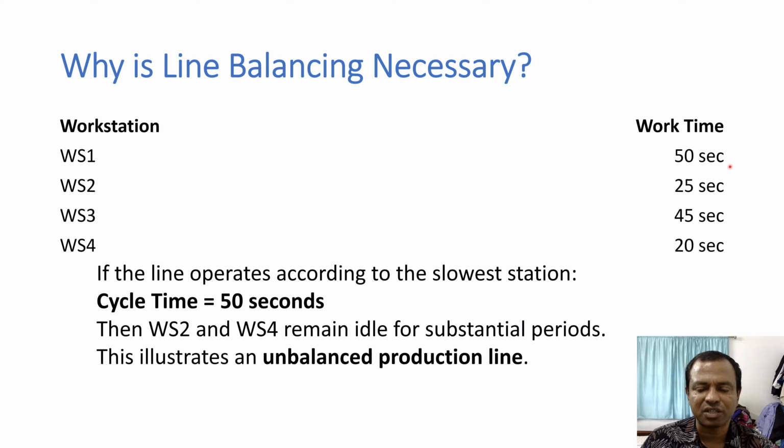But since workstation 1 requires 50 seconds, WS2 and WS4 will remain idle for substantial periods. So that will give an unbalanced production line. Unbalanced production line means less efficiency, less productivity.